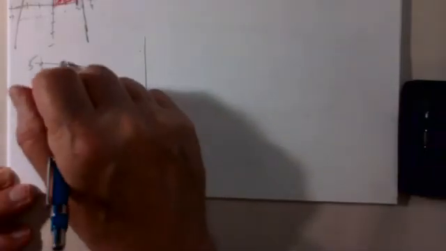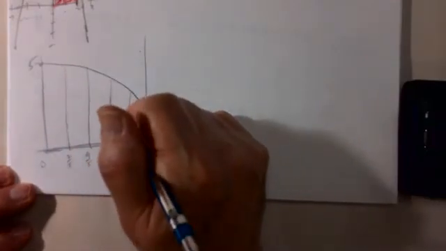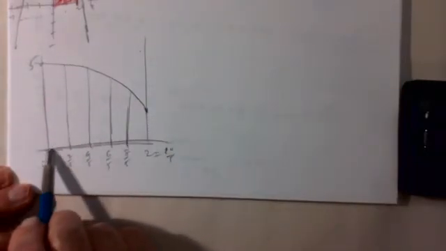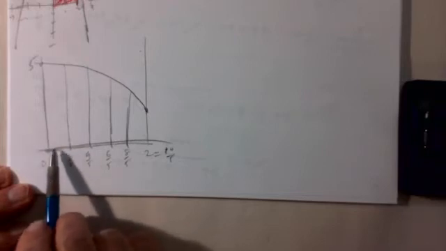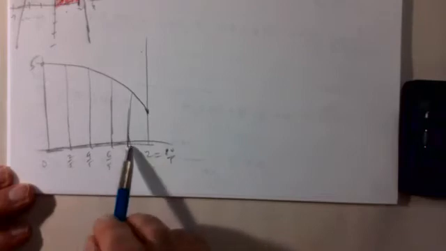And on each of these pieces, I draw a vertical line and I form the rectangle. So I want to form a rectangle where the base is, there are 5 bases because there are 5 rectangles. Each is this interval of length 2/5.